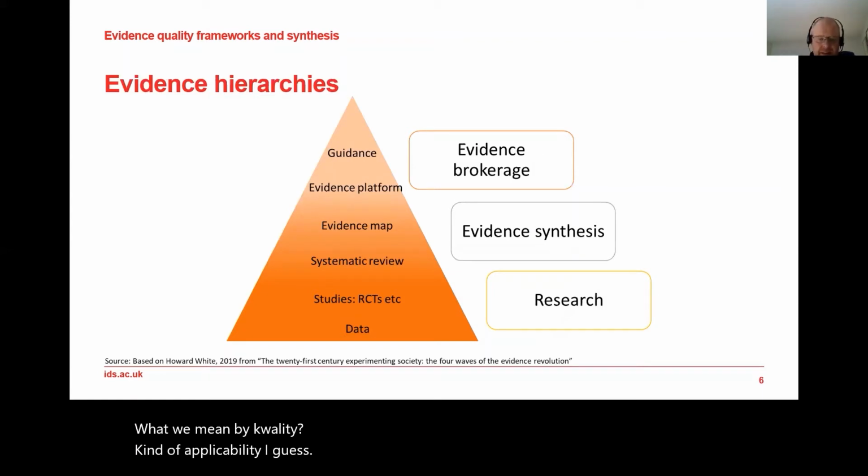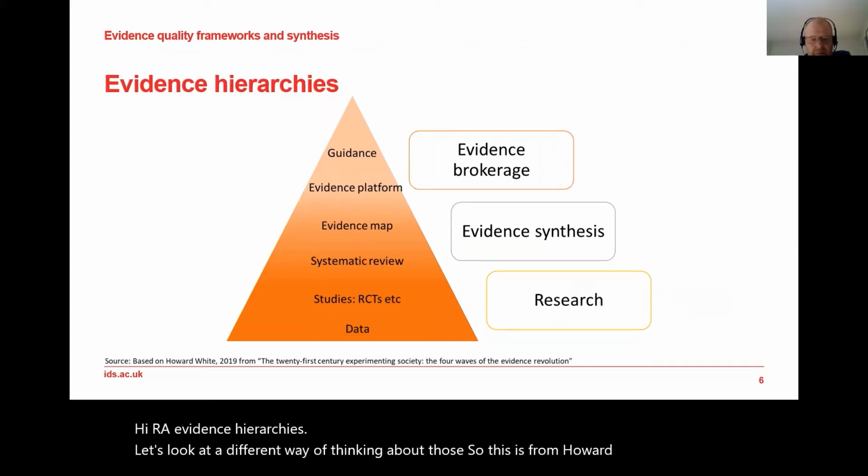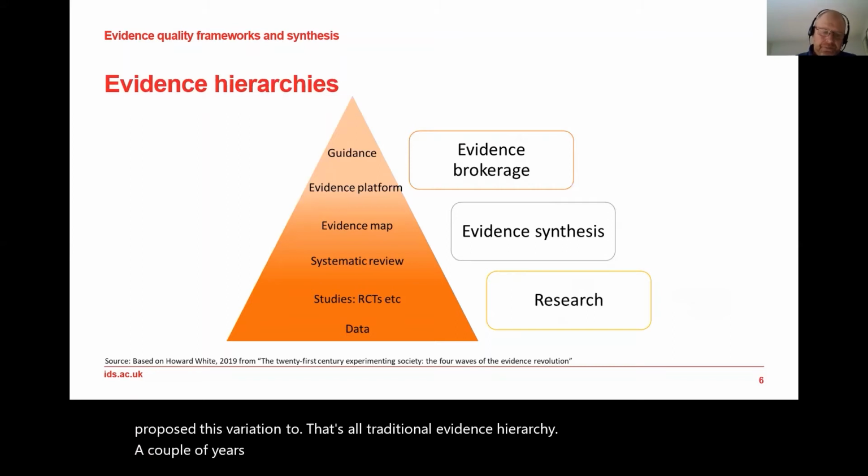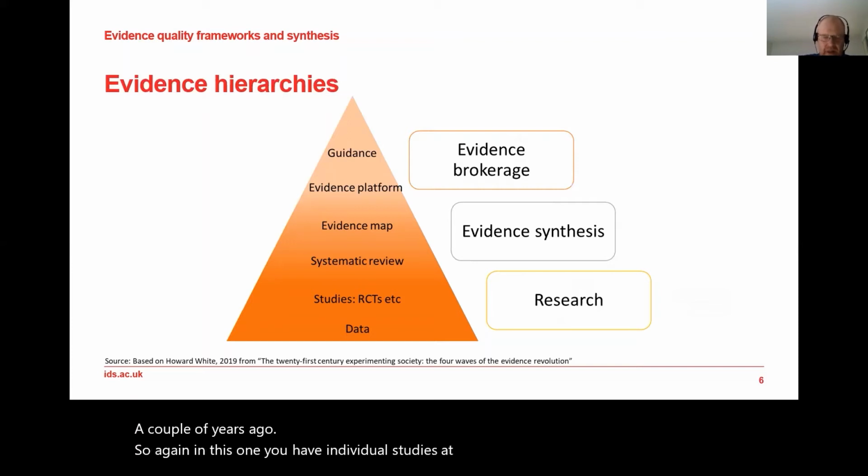So going back to the evidence hierarchies, let's look at a different way of thinking about those. So this is from Howard White, who proposed this variation to that sort of traditional evidence hierarchy a couple of years ago. So again, in this one, you have individual studies at the bottom, with synthesis slightly above that.